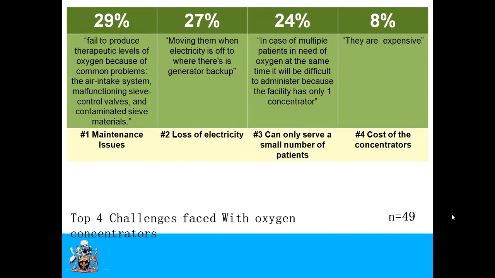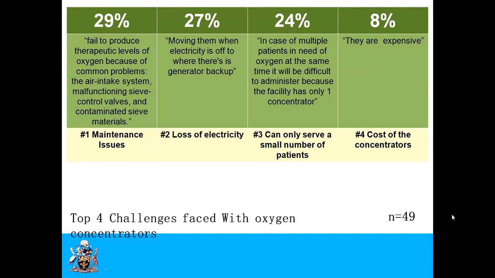These are plugged in. When power goes, they stop working. Most hospitals' backup generators, when they have them, cover only a certain part of the hospital. It's not every socket. And sometimes, even if you have a backup generator, you have to move the patient and move the concentrator to a part of the hospital that is backed up as well.